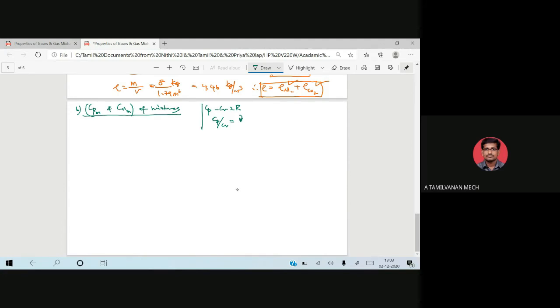From the two equations, we already studied the relation. So what is the relation? Cv is equal to R divided by gamma minus 1. That is the standard equation.